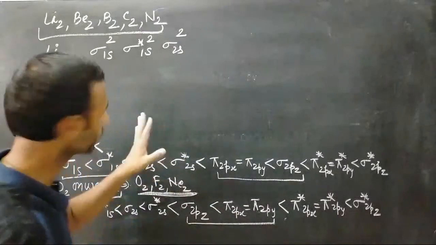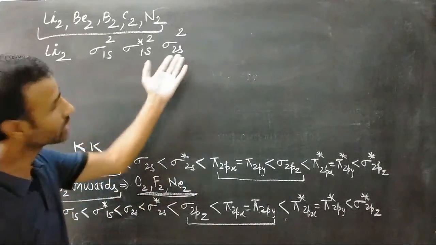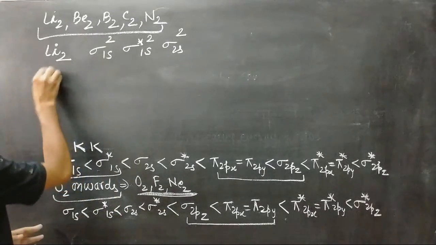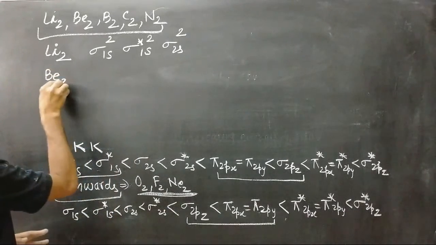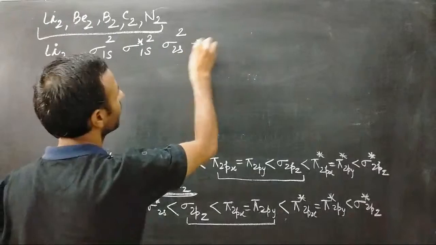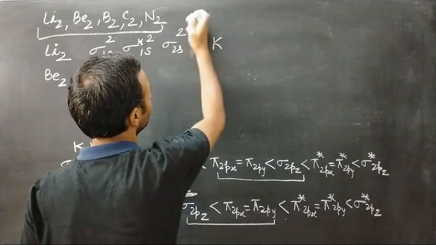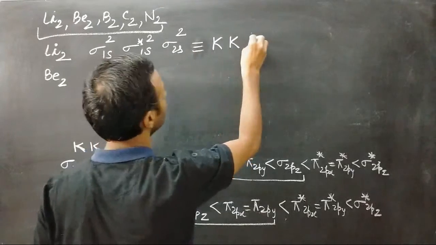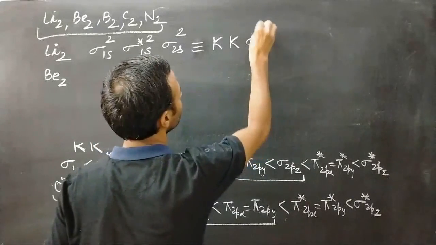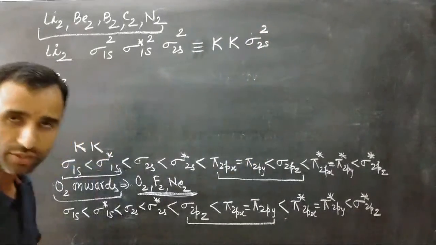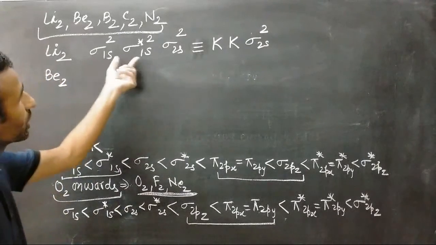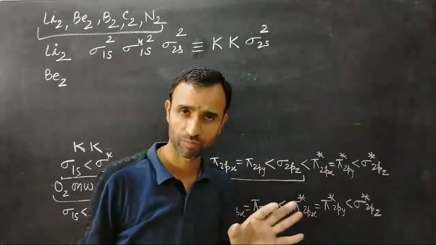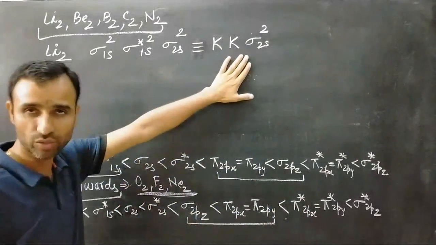Total 6 electrons, all 6 are filled. Now you can write it as K sigma 2s2. Sigma 1s2 is K, sigma star 1s2 is also K shell, so you can write it like this as well.